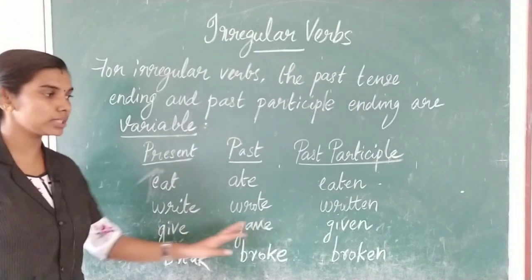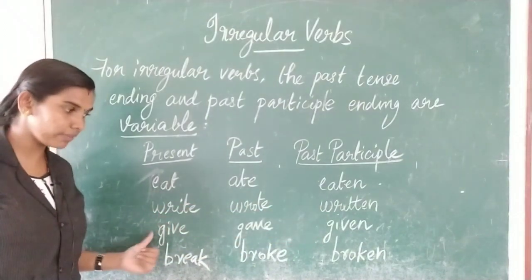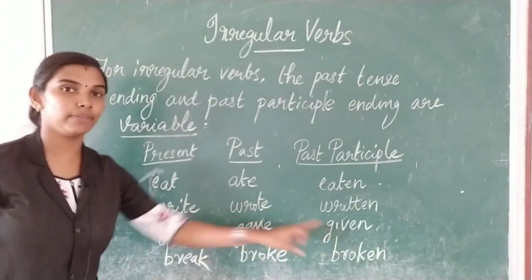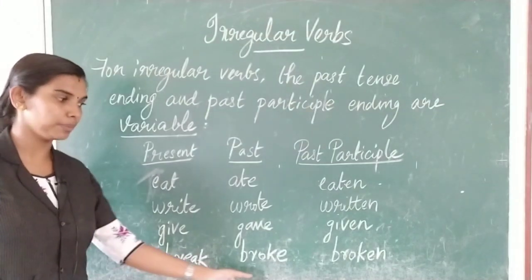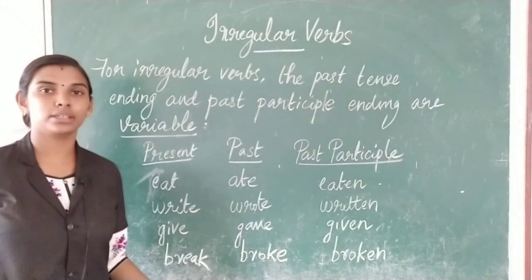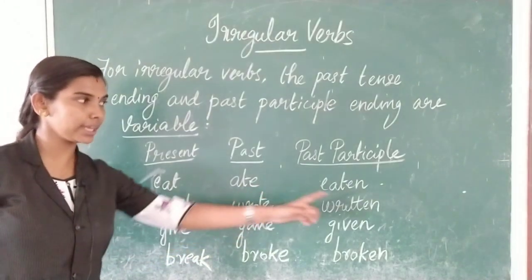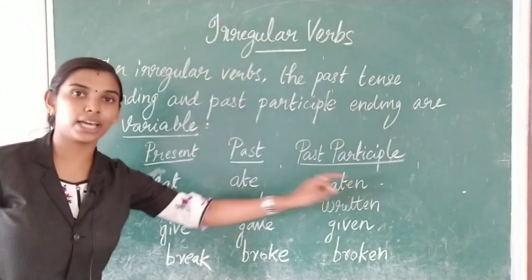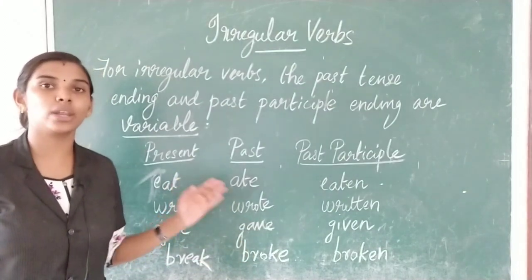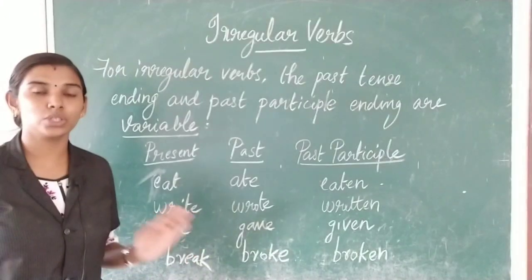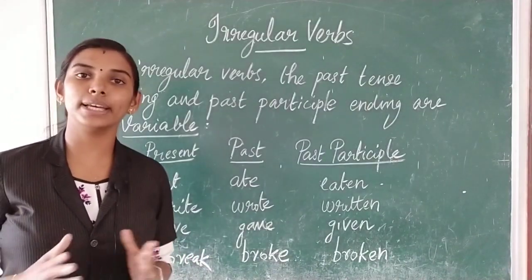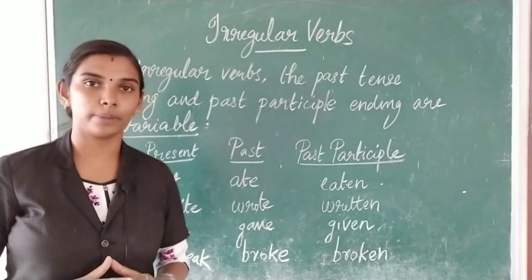Write, wrote, written. Give, gave, given. Break, broke, broken. So in case of irregular verbs, the past tense ending and the past participle ending are always changing or they are always variable. So this is all about regular verbs and irregular verbs.